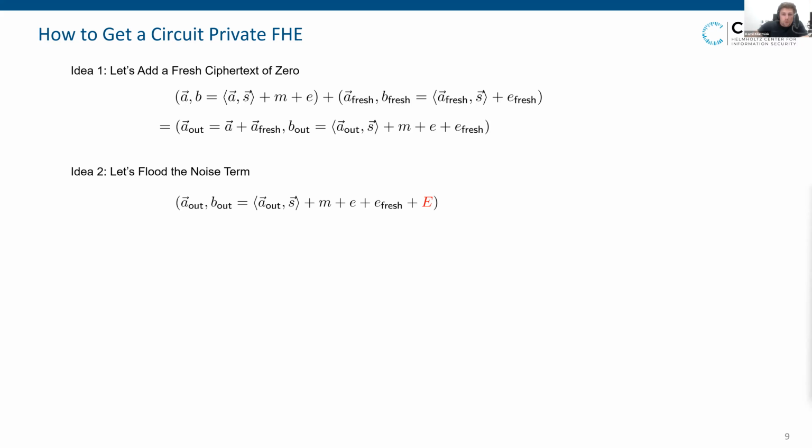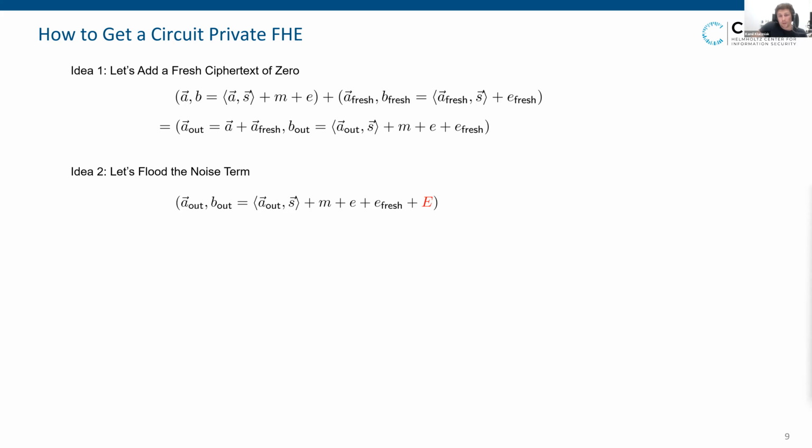So idea number 2 is the same as earlier, but this time let's add a huge error term E to the ciphertext. This technique is called noise flooding, or sometimes people call it drowning.